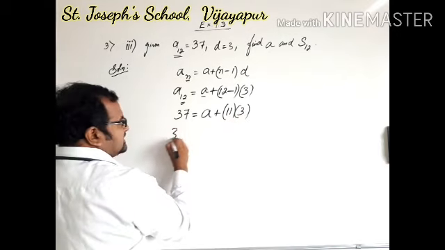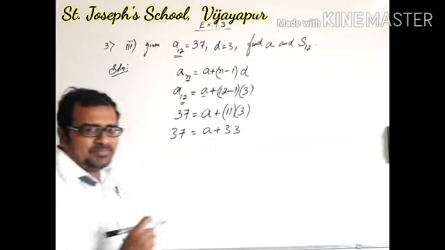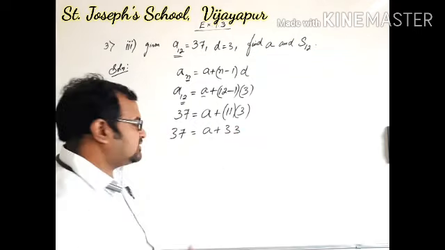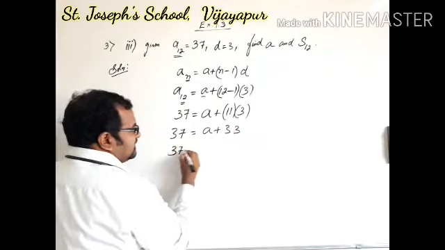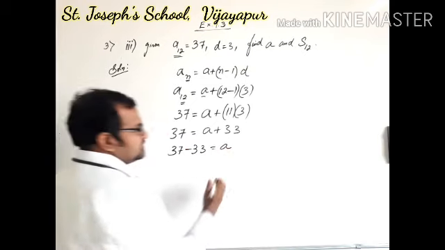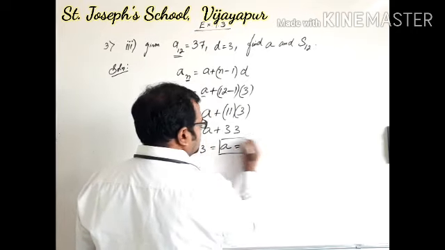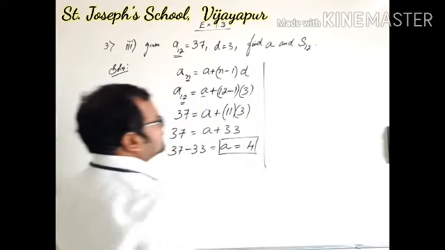Okay? So, 37 is equal to A plus 33. 33 comes to the other side, becomes minus 33. 37 minus 33 is equal to A. Very simple. A is equal to 4. So, you got the first part of the answer.